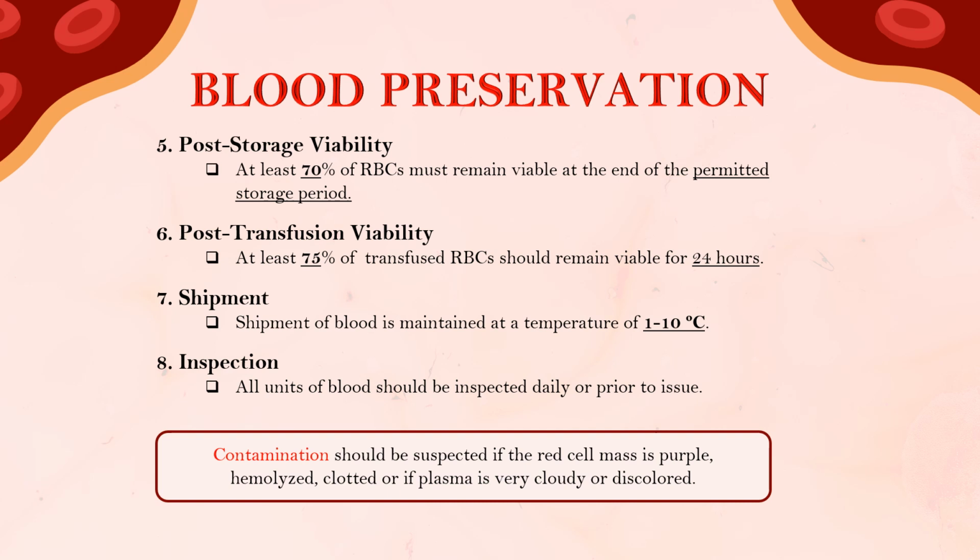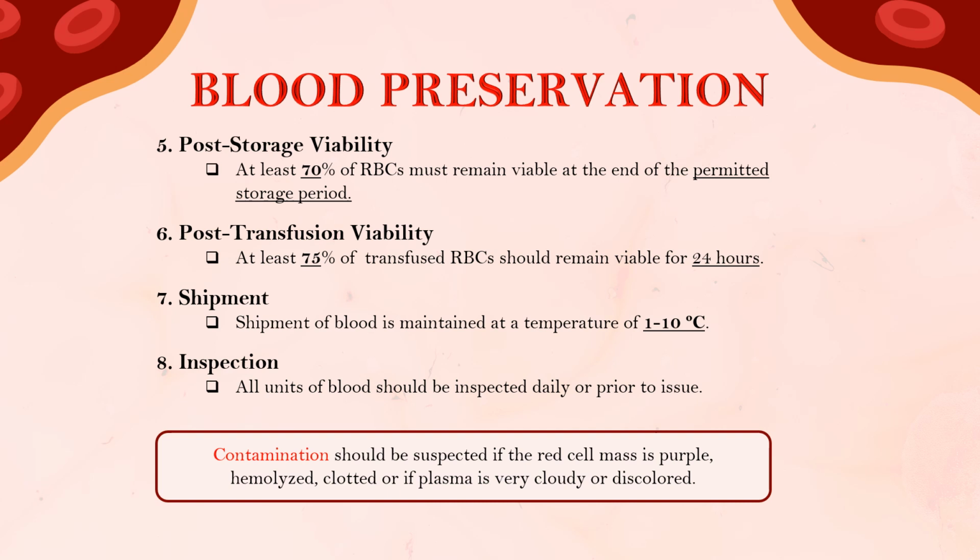And this is termed as your post-transfusion viability. These are also the main differences between your post-storage viability and post-transfusion viability, in which the terms, class, are actually already descriptive of their differences.